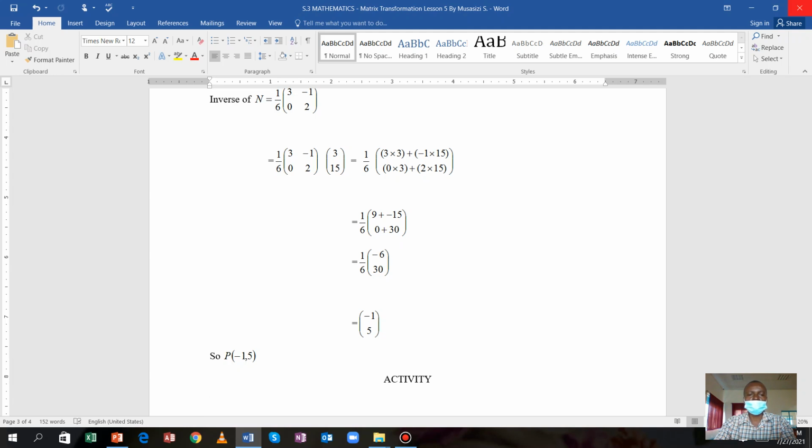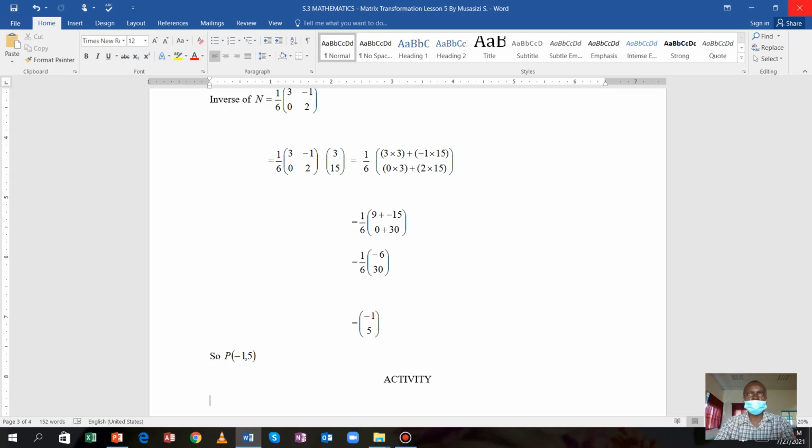So under this topic, this is now a summary. Sometimes they may ask you to find the image. If they want the image of any triangle or any object, you get the matrix times object equals image. Another time they can ask you to find the matrix, which means they will give you the image and the object.